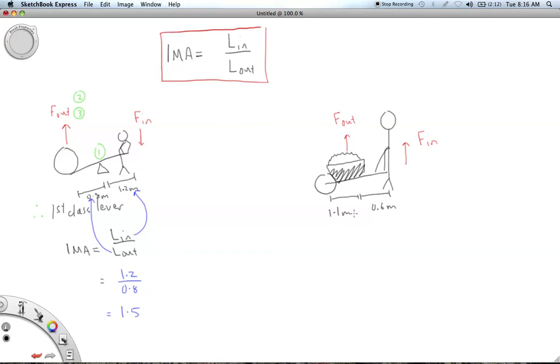Okay? So, again, let's figure out the class of the lever. So, what is happening here? The fulcrum is actually over here, because it's the wheel that tips up. The output force, what's being lifted, is the dirt. It's in the middle. The input force is what you are putting in.